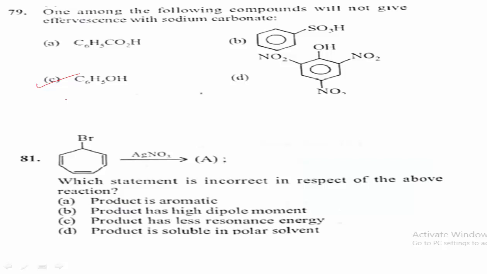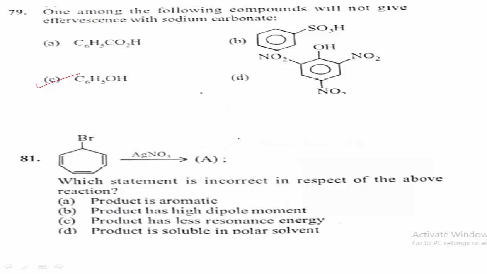Here one compound is given and in the presence of AgNO3 it gives the product A. Which statement is incorrect in respect of the above reaction? Okay, students, first I complete this reaction with products.